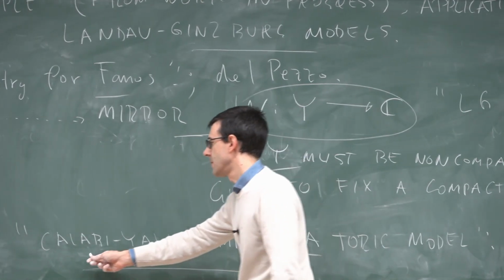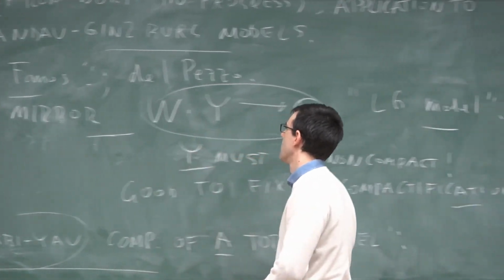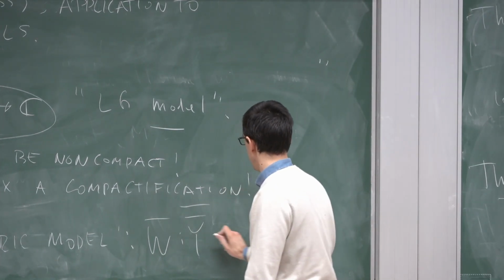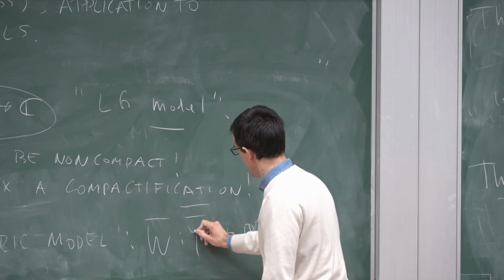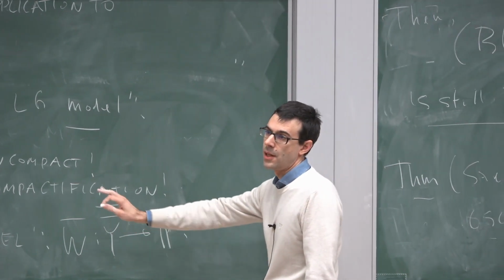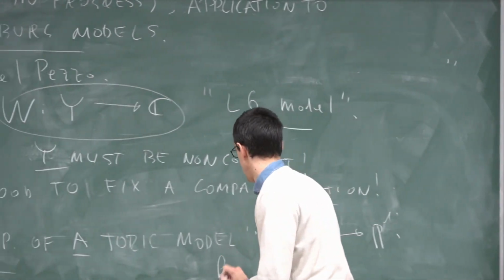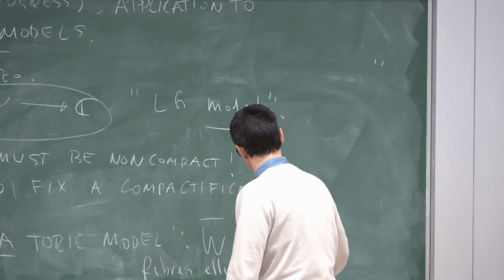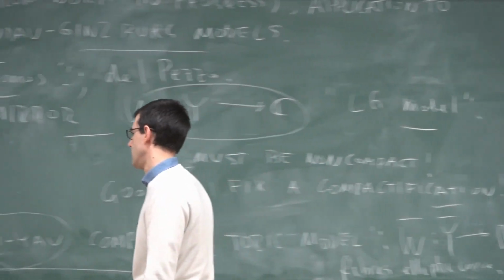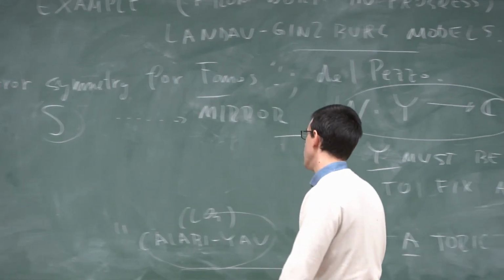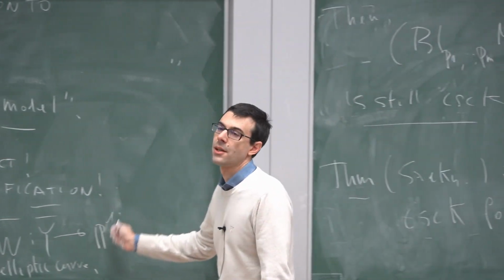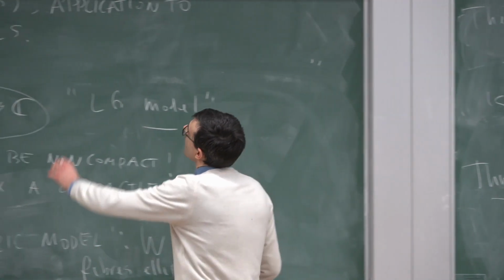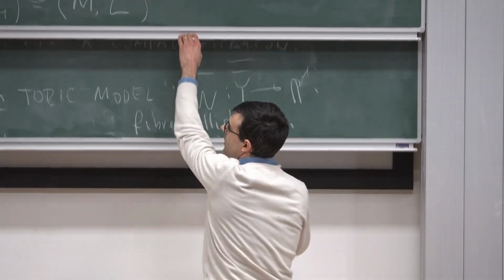Calabi-Yau means not that the total space is Calabi-Yau, but that you compactify this to a fibration, say, from W bar over P1, so that the general fiber is, in this case, an elliptic curve. And if you add log to this, people mean that the fiber at infinity is actually an anticanonical divisor on this compactification.